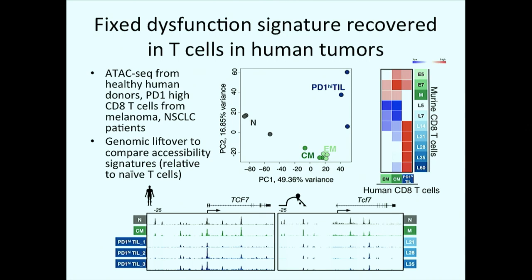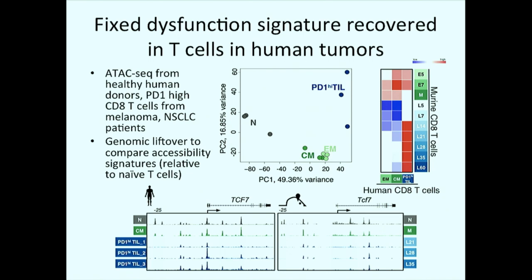So what we can say is, if we compare the TILs to naive, the accessibility changes in TILs versus naive are most similar to this late stage dysfunction, to fixed dysfunction in the mouse model, okay?